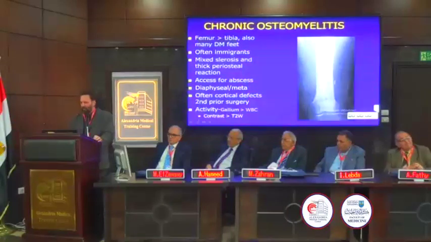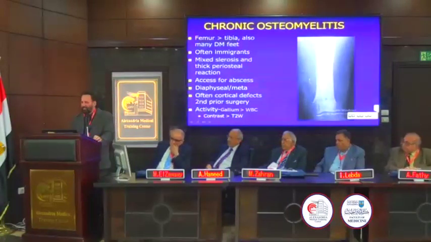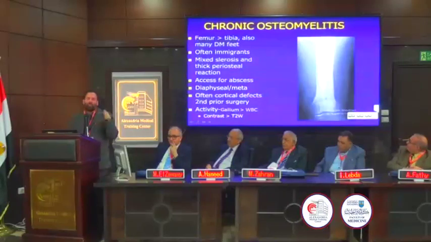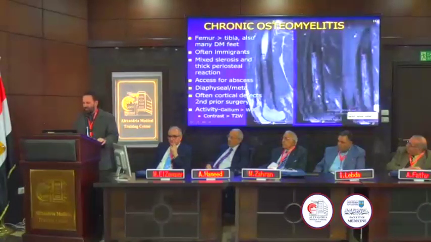So here's an example. Chronic osteomyelitis, sclerosis, cortical thickening. Do you see the defect? And we see defects because it's been going on for 20 years, and sometime along that time the surgeon went in and did decortication to penetrate it.